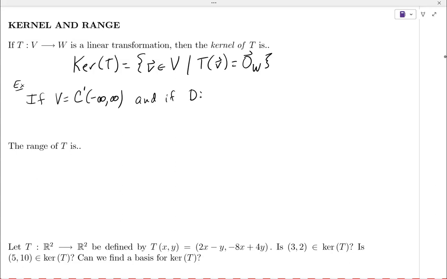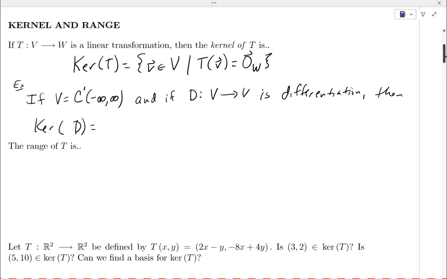And if we use just the differentiation operator, and when I use the word operator, I mean it's a transformation that goes from a space to the same space. So when I say operator, it just means a map from a space to itself.